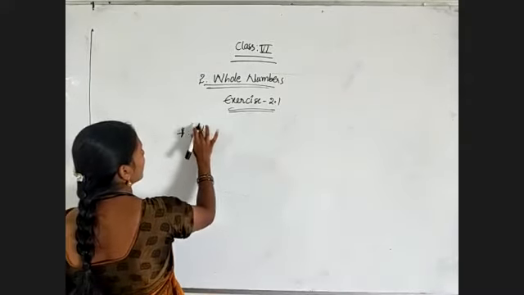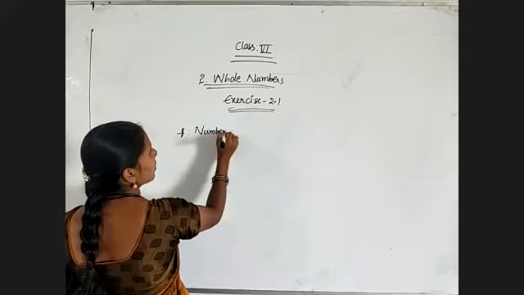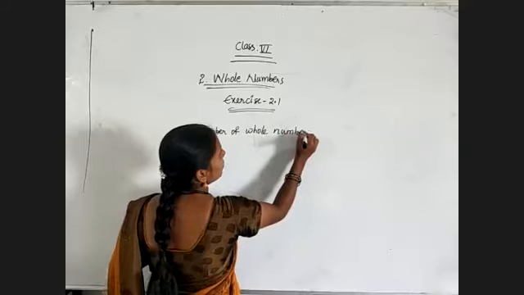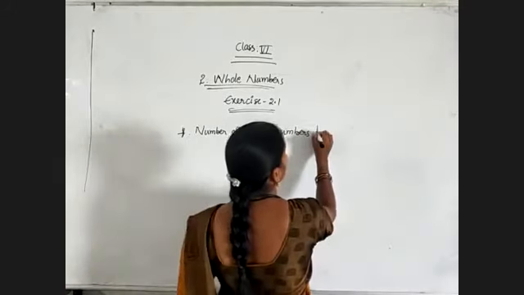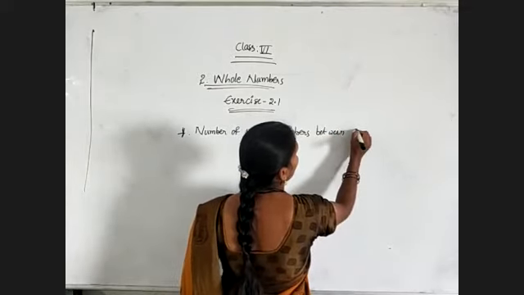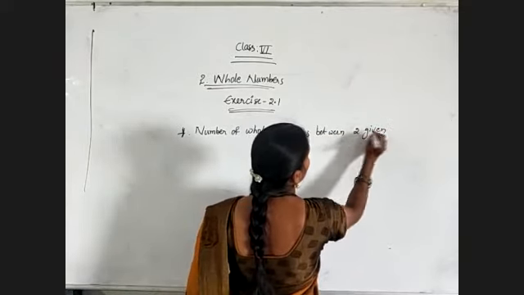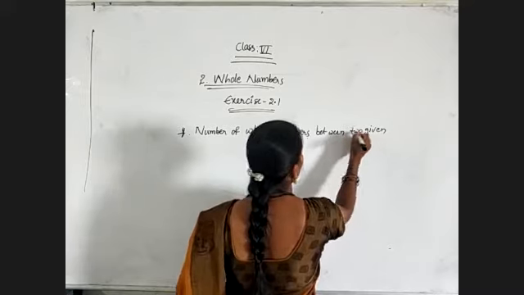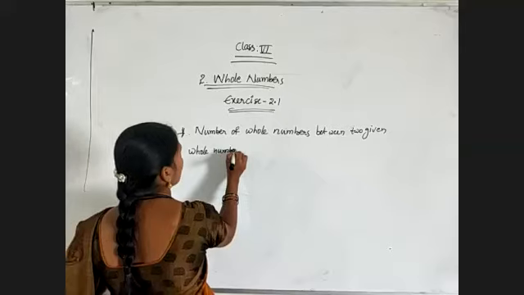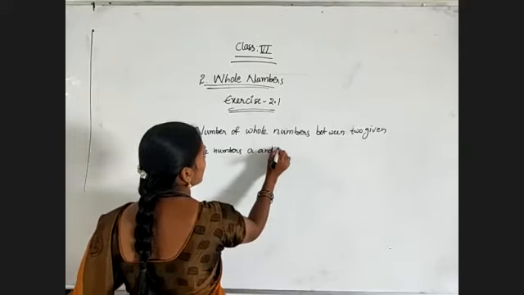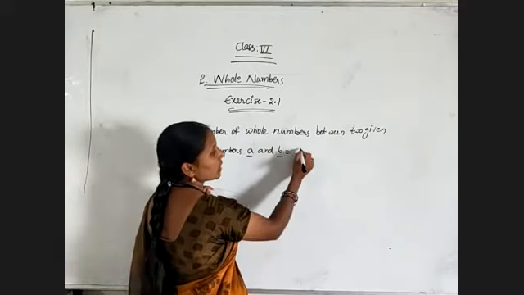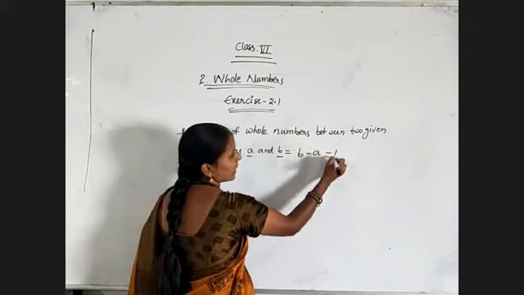The number of whole numbers between two given whole numbers A and B is given by the formula B minus A minus 1, because between, we will not take A and B.